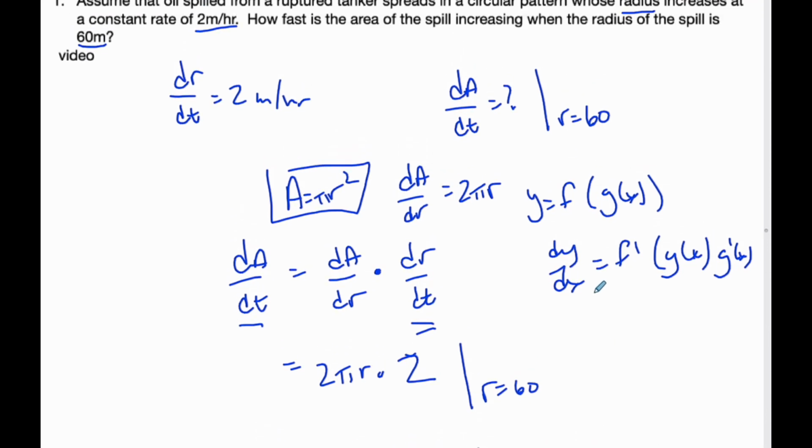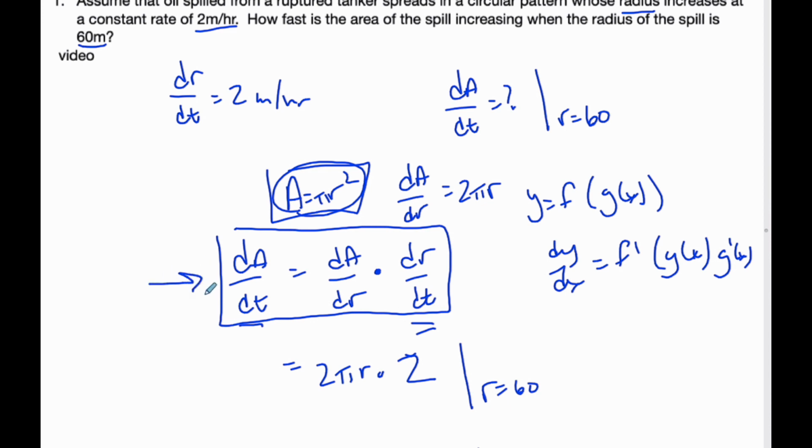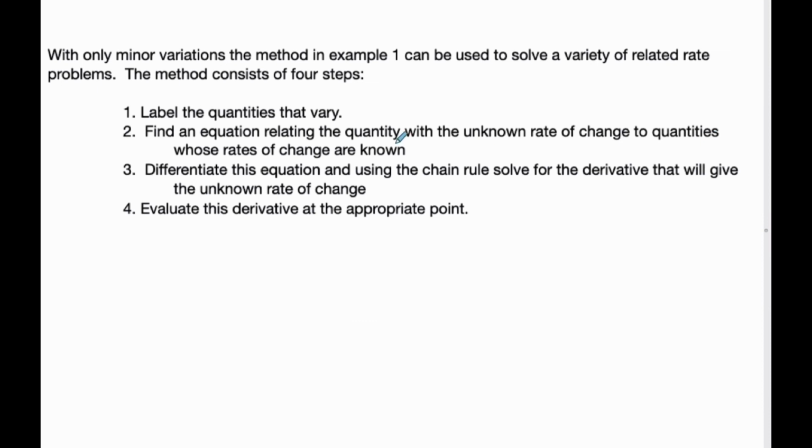Okay, and so this idea of writing out the chain rule, we also want to find the relationship that relates the variables that we know about, A and r, and how it all fits together. Sometimes coming up with this, we have to think quite cleverly, but that is in essence the idea. So we label the quantities we want. That's really important.